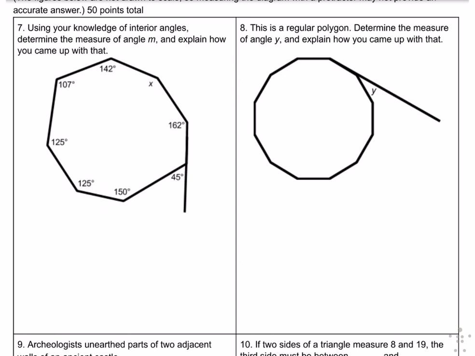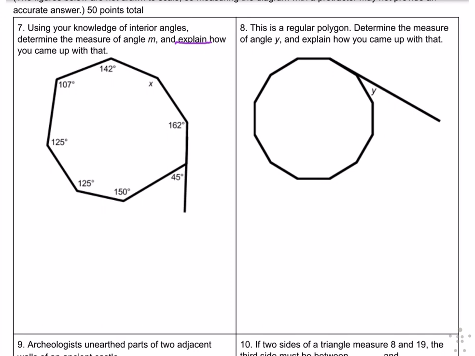So the first step that you would want to do here, and by the way, when it says explain, you can do two things. You can either explain by showing your work very clearly so that I can see exactly all the steps that you're following to get to your answer, or you can use sentences and write it out that way.